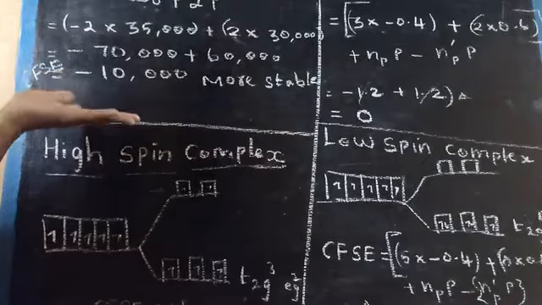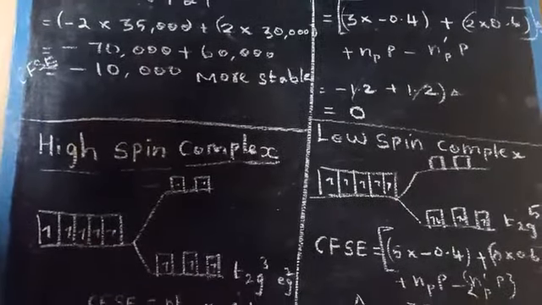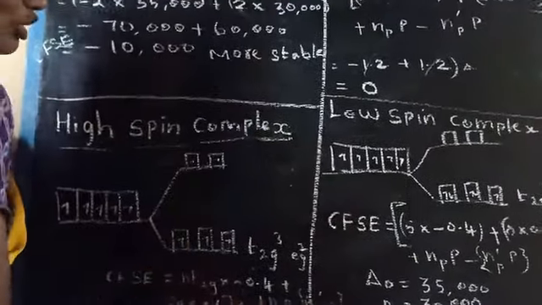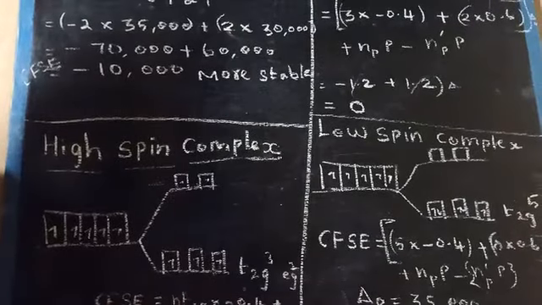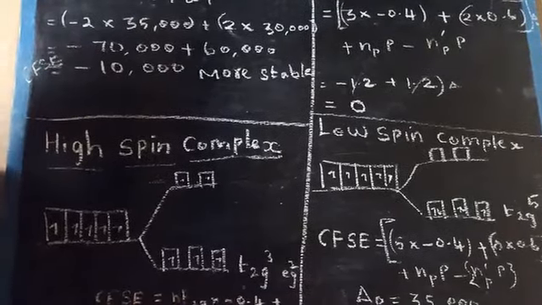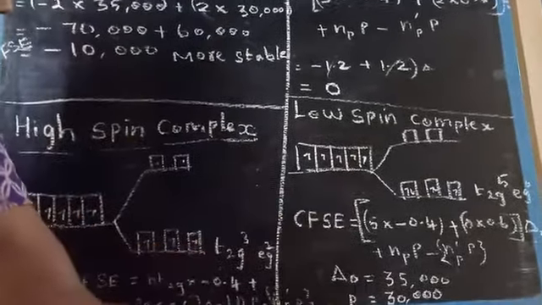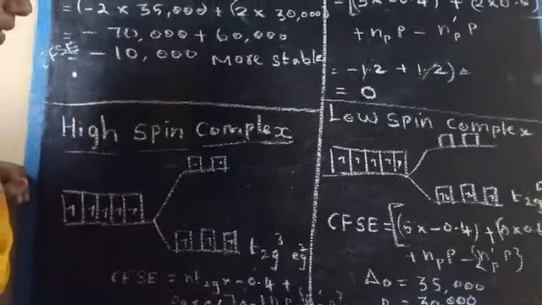This one is more stable. So low spin complexes are favored. Are you clear? Okay. So now in low spin complexes, find the magnetic properties by calculating the number of unpaired electrons.